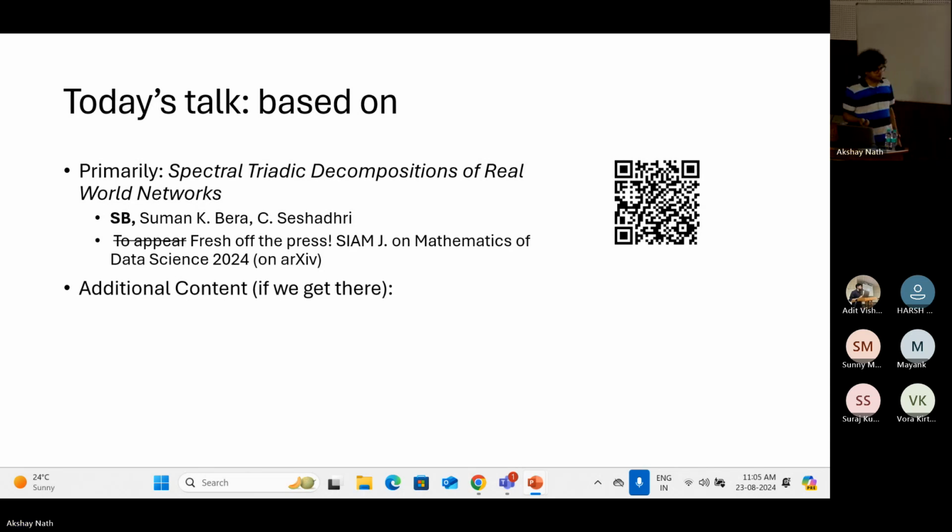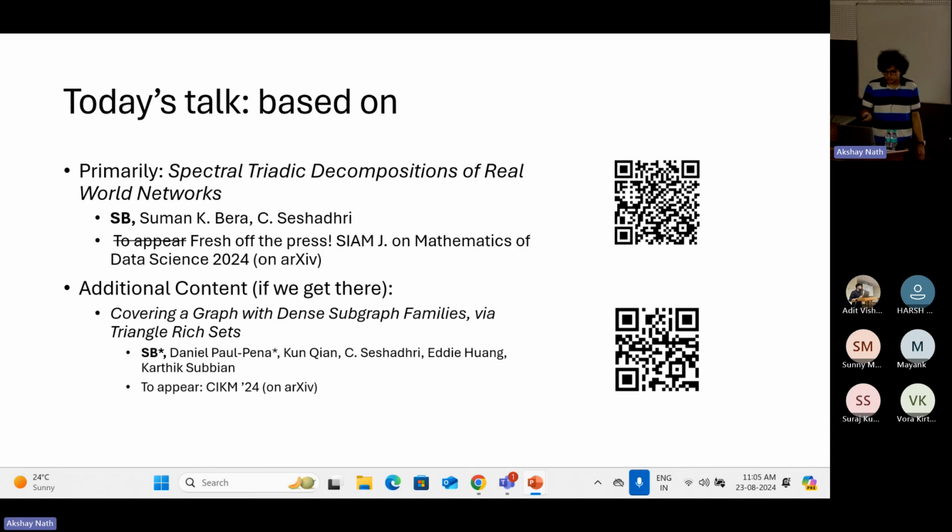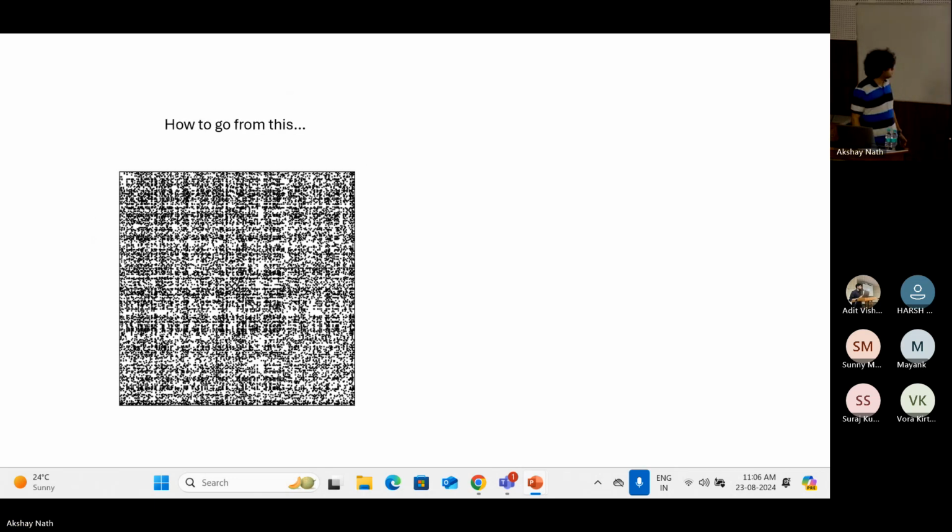It's a bit of a long talk, so if we get time towards the end, I will also cover some material from the second paper, which is Covering a Graph with Dense Subgraph Families via Triangle-Density Sets. This one was with a bunch of people at Amazon and Daniel, who's a co-student.